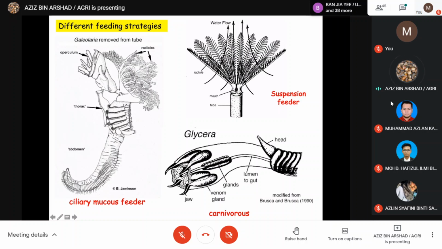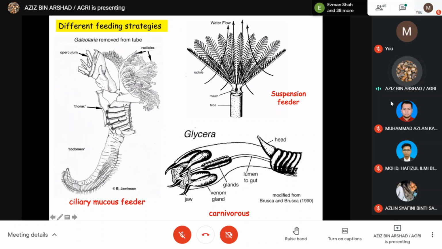But this one, the head part is made out of something like a branch of a leaf, where the water flow carries plankton and everything is trapped by this structure, and this is called suspension feeder.